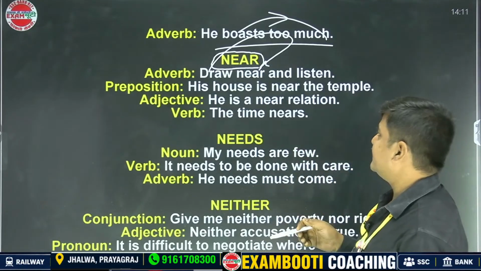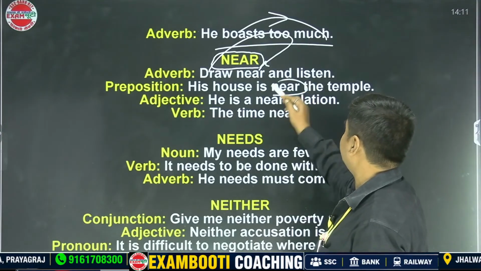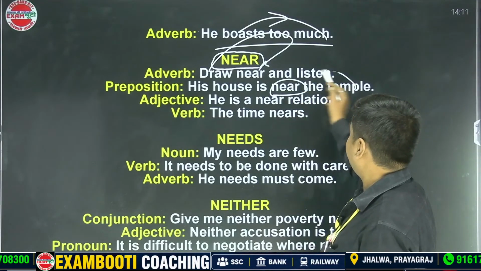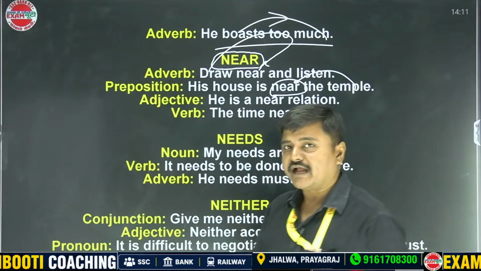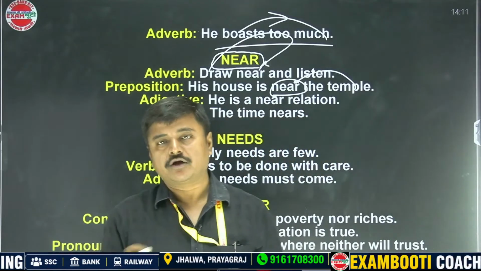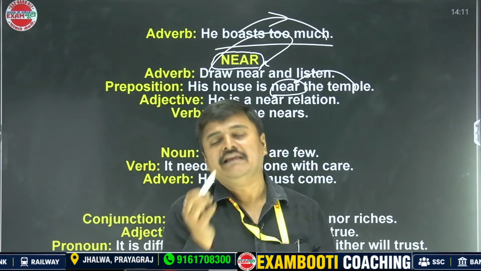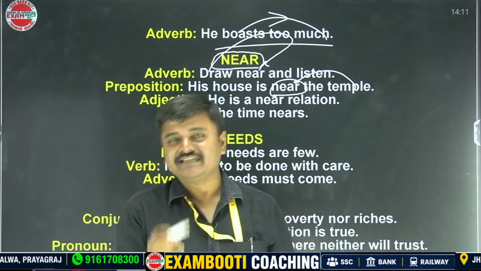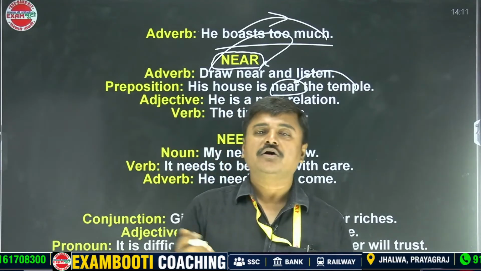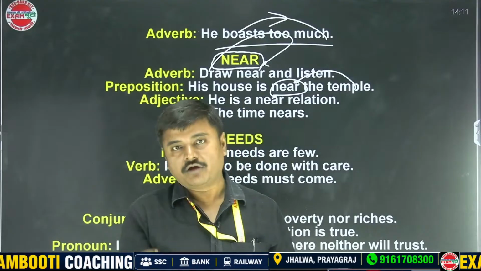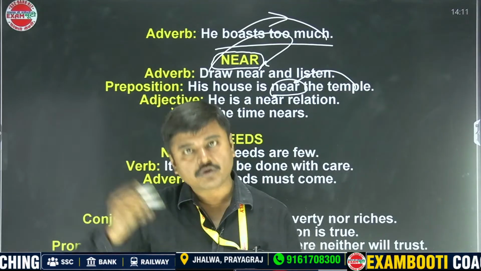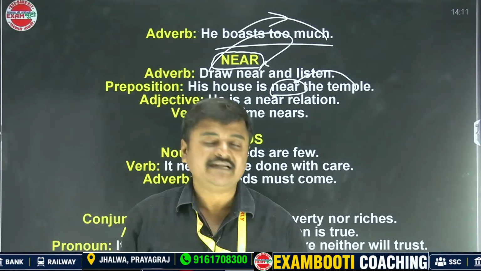In the second sentence, his house is near the temple. Now it is before a noun, and you know that a preposition's position is just before the noun, because it shows the relationship of a noun or pronoun to another noun or pronoun in a particular sentence.